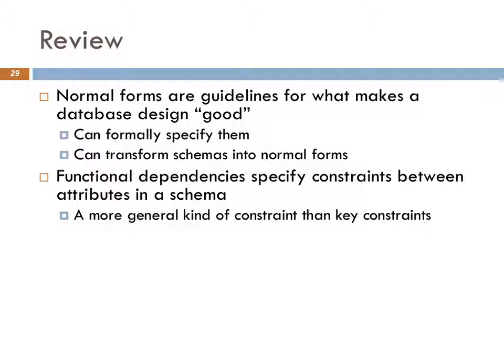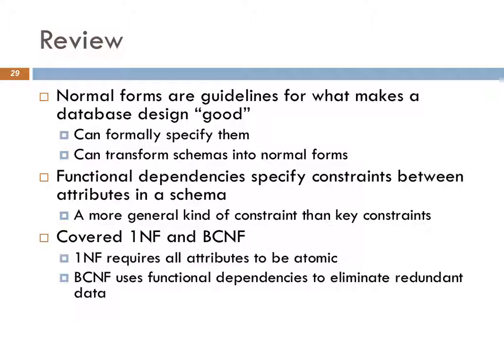Loan ID functionally determines amount. That's a special kind of constraint that we can say about our enterprise. We don't have to relegate that to just a single table. It's something we know is true across the entire enterprise. Okay? So we've covered first normal form and Boyce-Codd. First normal form is not that exciting. It just requires that all attribute domains are atomic.